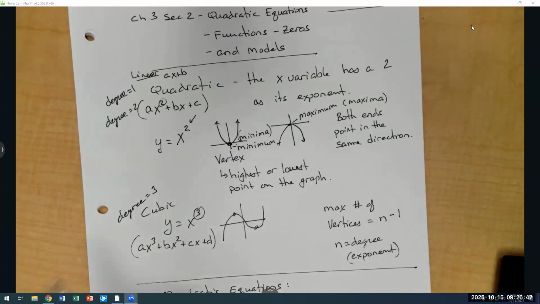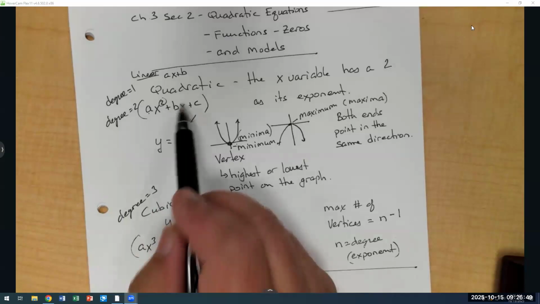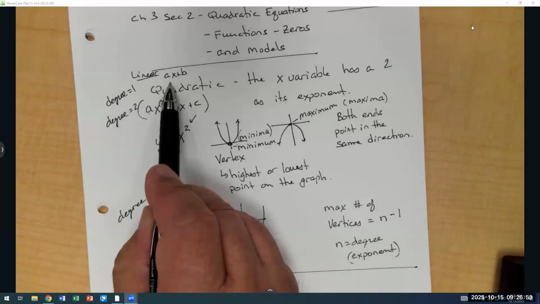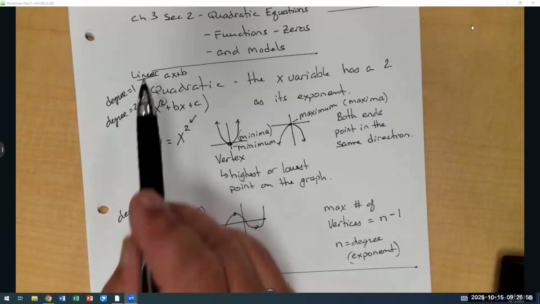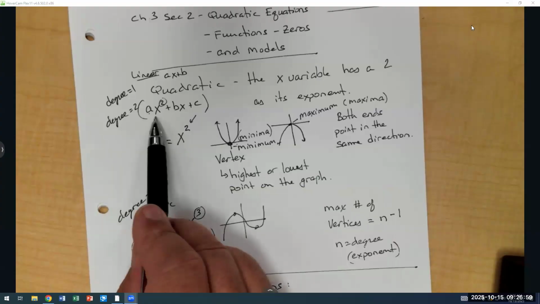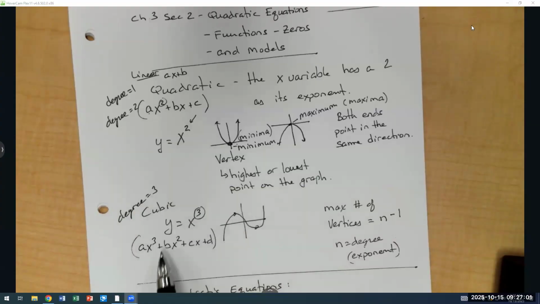Now we look at something else. Look at the number of terms in our equation. In a linear equation, how many terms do we have? In a quadratic equation, how many terms do we have? In a cubic, we have. So what does that tell us?